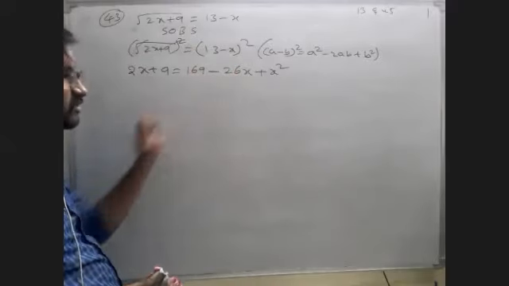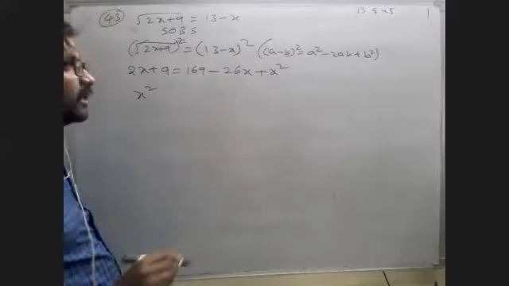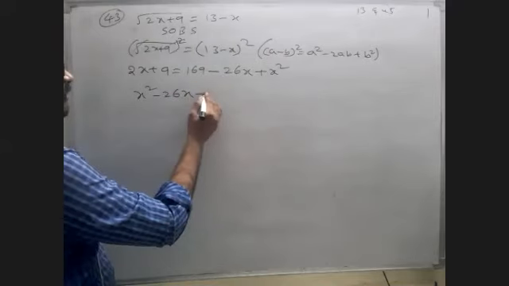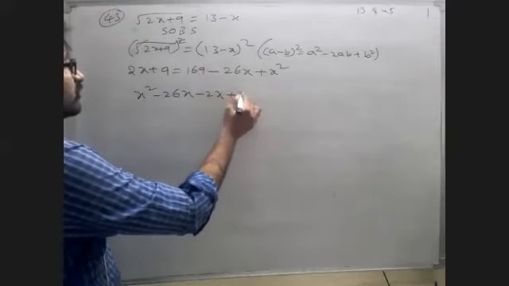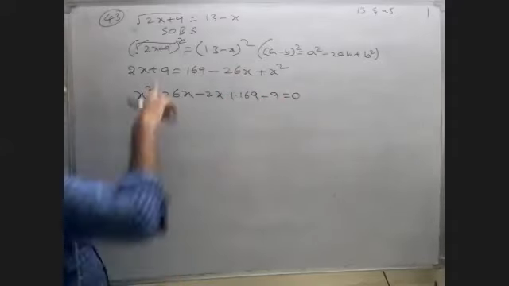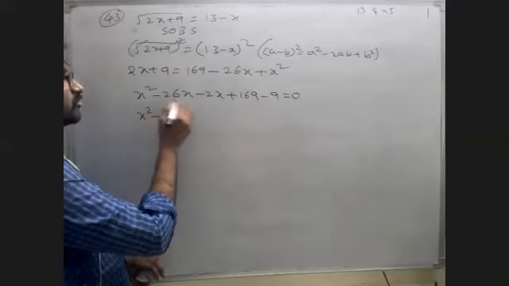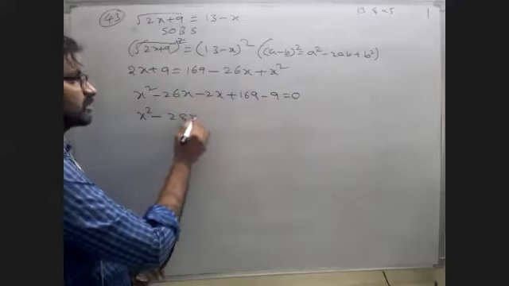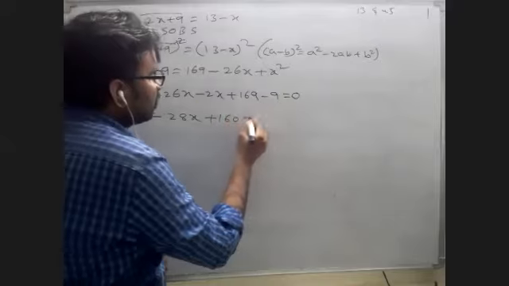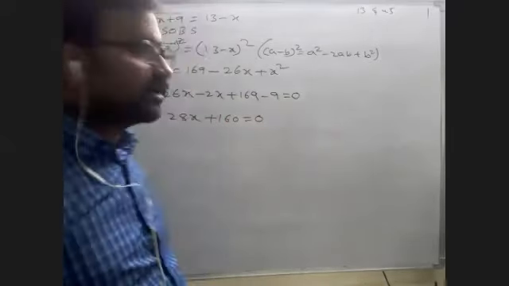That is why I am writing first x square, and then minus 26x, and 2x taking this side minus 2x, and plus 169, and this will be minus 9 is equal to 0. Plus 9 will be minus 9. Now simplification: x square minus 28x plus 160 is equal to 0. Now we have to factorize and find the solution set for this question.